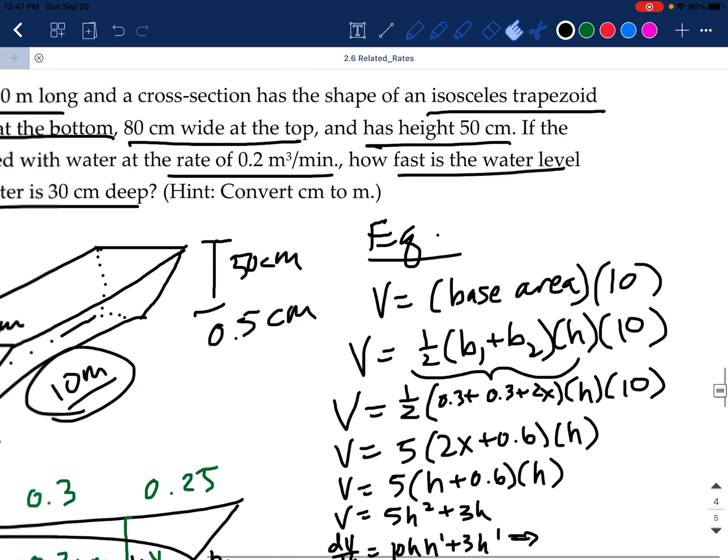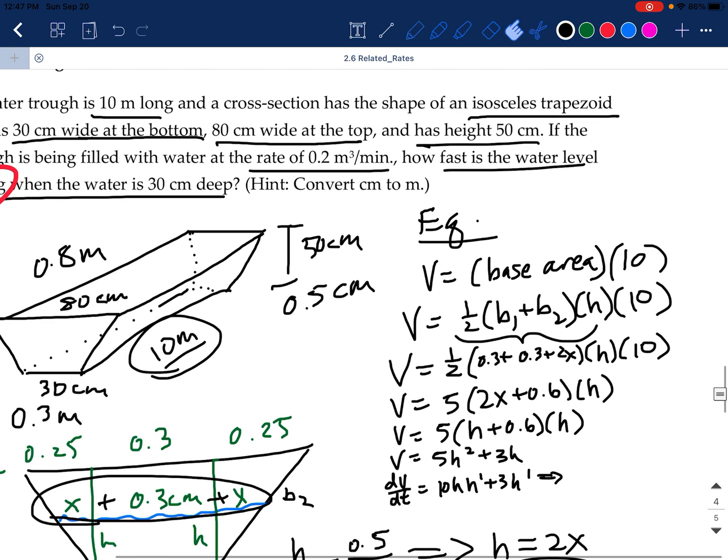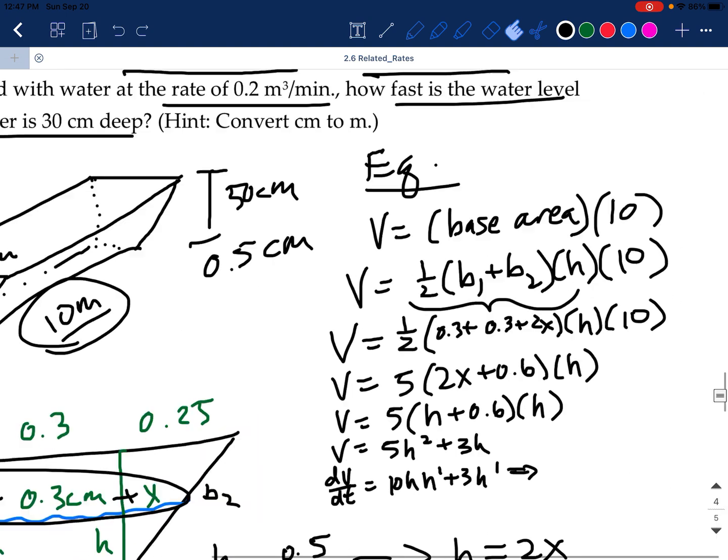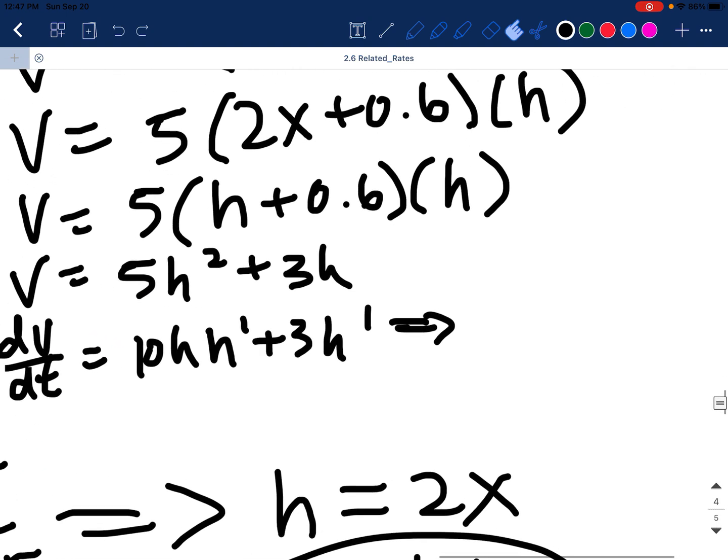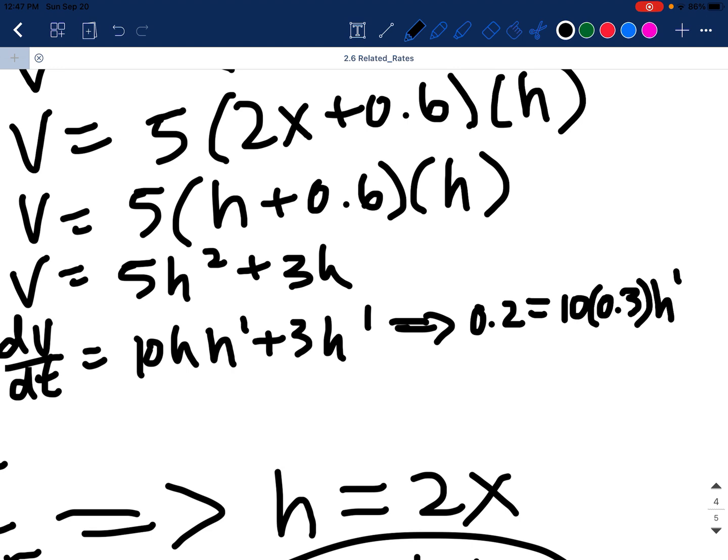So, oh, and what is our volume? Our volume is 0.2. And then h is 0.3. So we've got 0.2 is equal to 10 times 0.3 h prime plus 3 h prime.